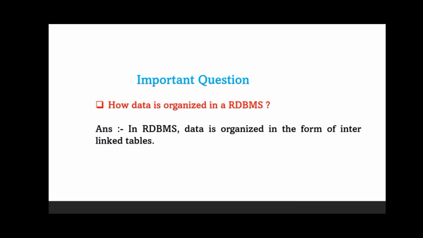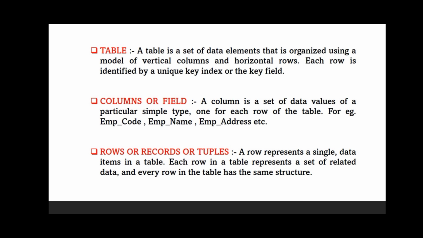Then this is an important question. How is data organized in an RDBMS? In an RDBMS, I already told that tables are multiple, so there are interlinked tables. Clear? Then table. A table is a set of data elements that is organized using a model of vertical columns and horizontal rows. Each row is identified by a unique key index or the key field.